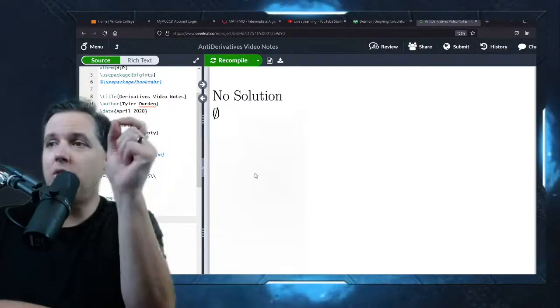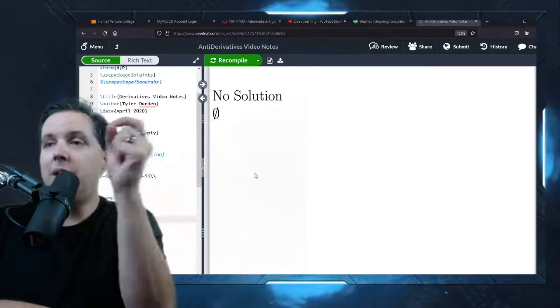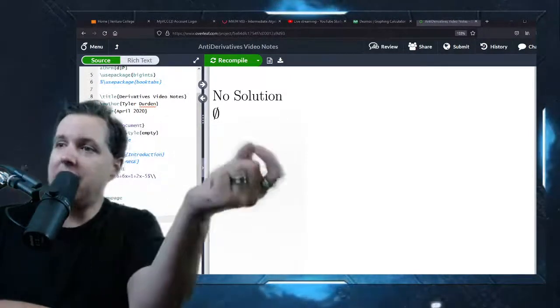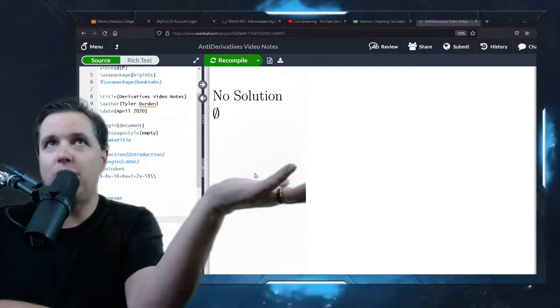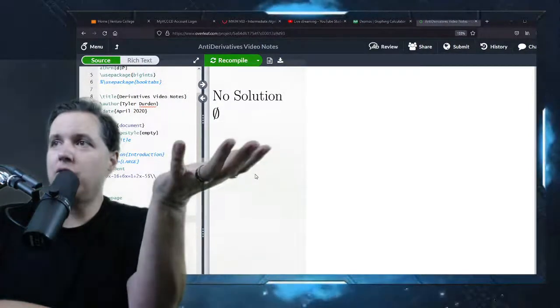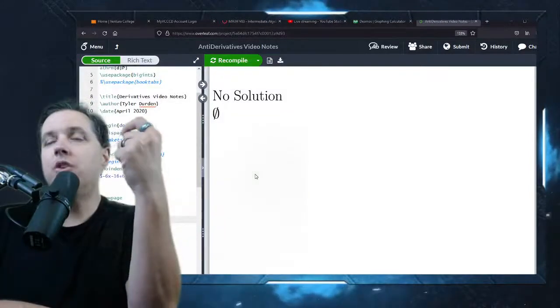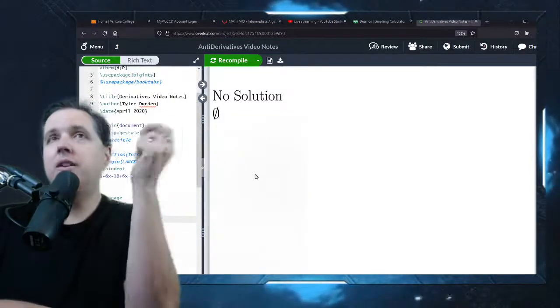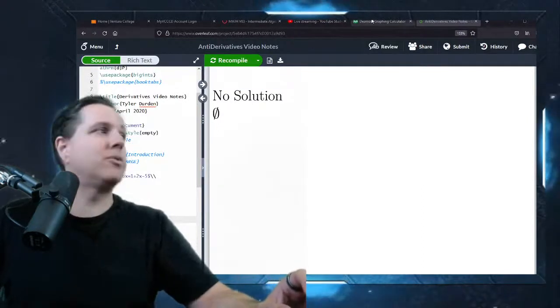Nope. 0 is a legitimate number. It can be a legitimate solution. The empty set means a set with nothing in it. When it's a solution set, that means your set of solutions has no values in it. That's not the same thing. Like you can have $0 in your bank account. That's a legitimate solution to an equation, right? So just keep that in mind. That's what those symbols mean.